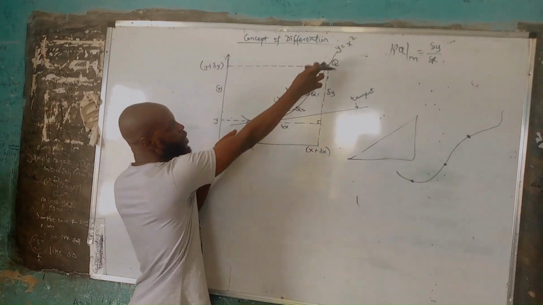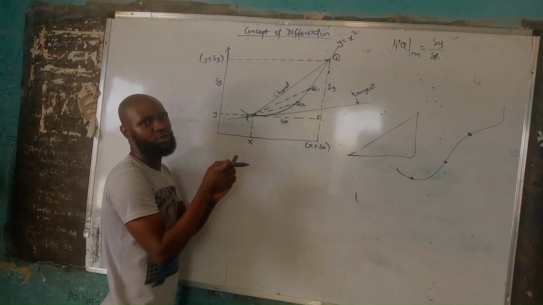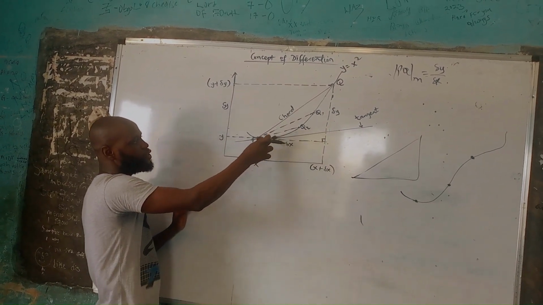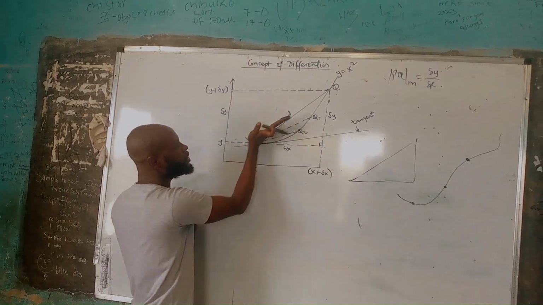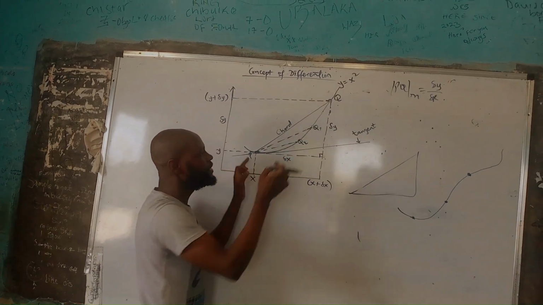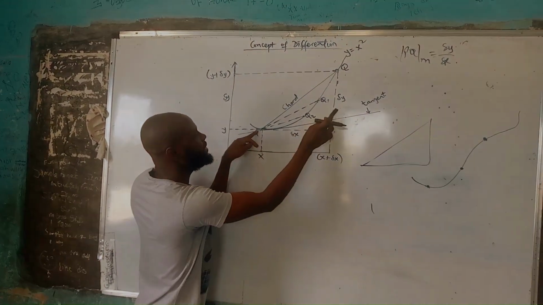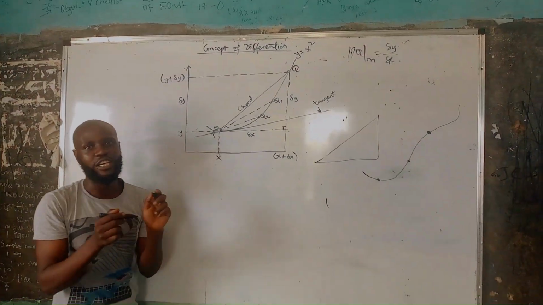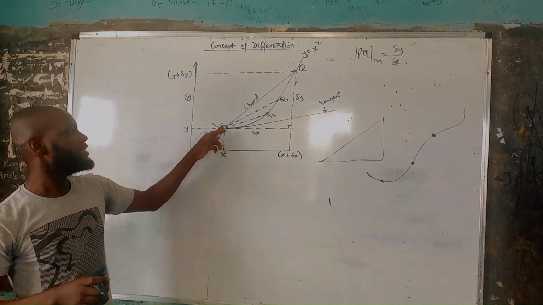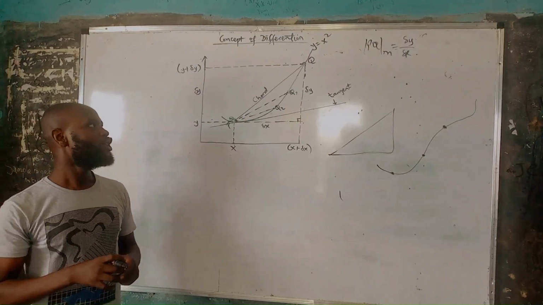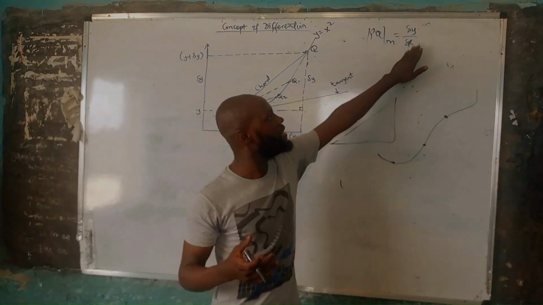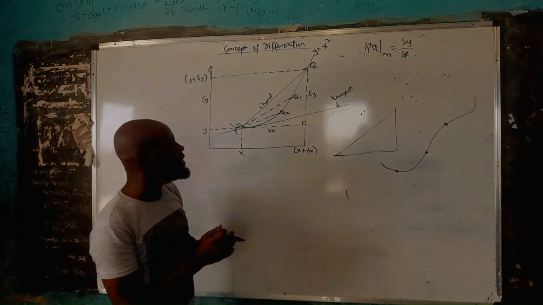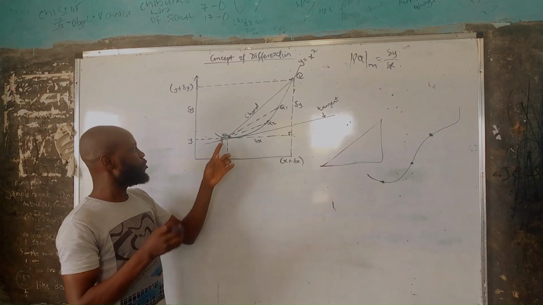Again, when we move the point Q, the other end of this chord, along the curve closer and closer to point P, the chord PQ changes to a tangent when Q coincides with P. We now have the tangent to the curve at P. So that means this formula, the gradient of the chord PQ, is approaching a limiting value.